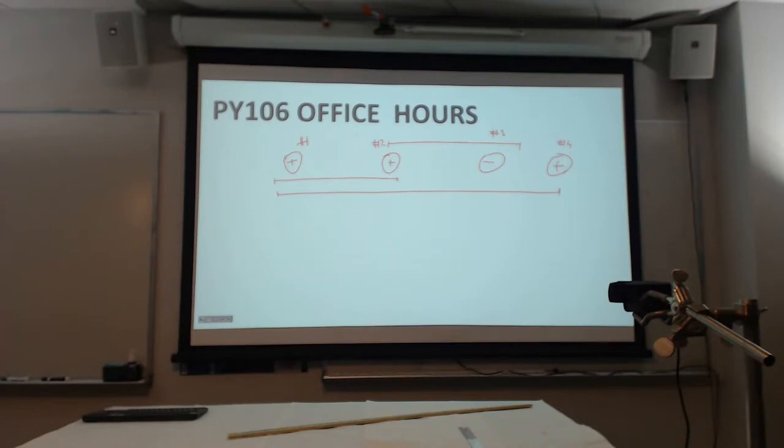For each charge, pick one: 1, 2, 3, or 4. Which do you want to talk about? 3. For this charge, how many forces are acting on it? No, sorry, 3.